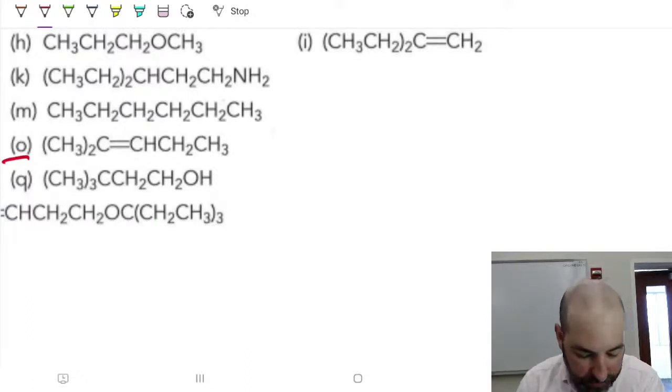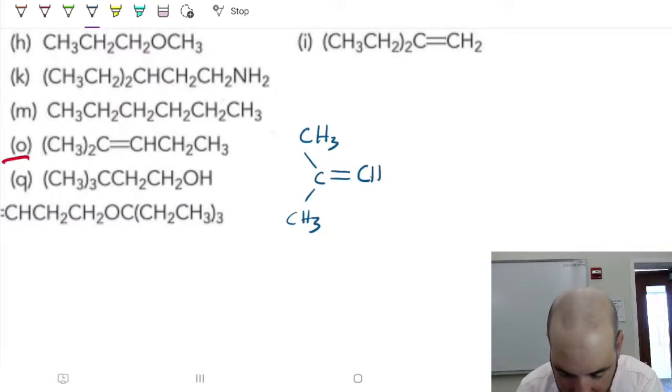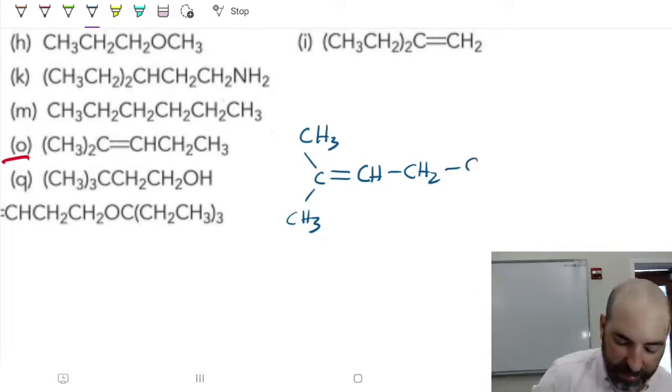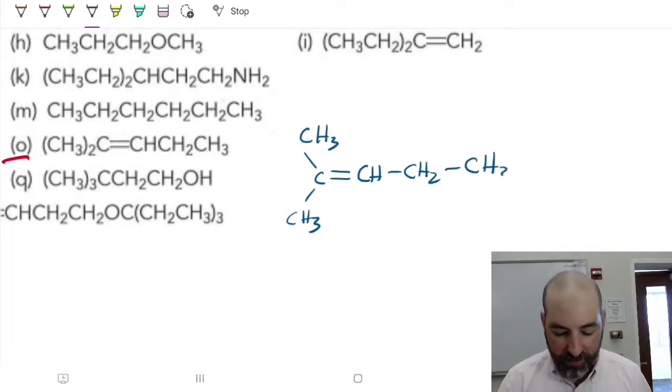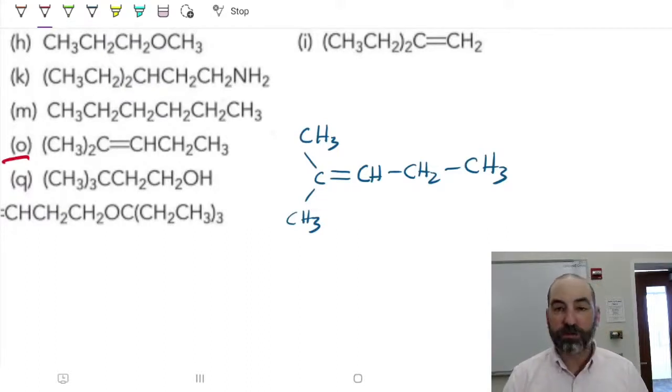So CH3 taken twice, we know those can't be in a row, so they must be both connected to that C. Then I've got the double bond to the CH, and then the CH2 and CH3. So that's my expanded structure. And then from that, I can start putting together this shell of what's going to become my line structure.